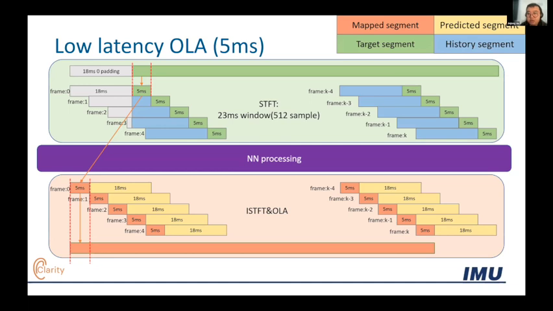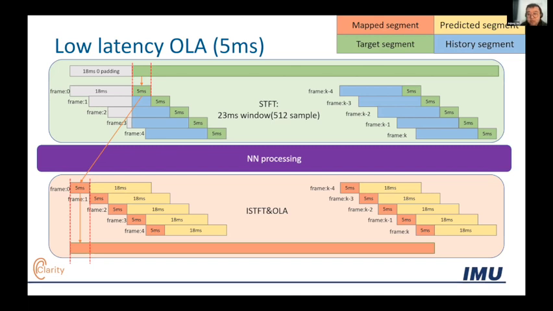This will lead to long system delay, which cannot meet the real-time requirements of a hearing aid system. In order to solve this problem, we proposed a low latency analysis and synthesis strategy for neural network-based algorithms. In this strategy, the system delay only depends on the size of the frame shift of the STFT.